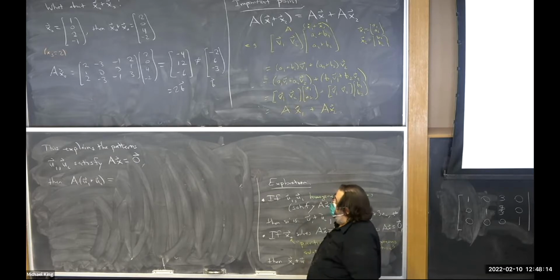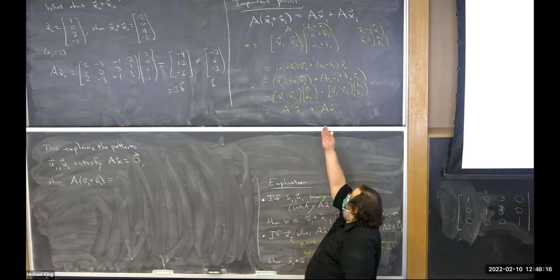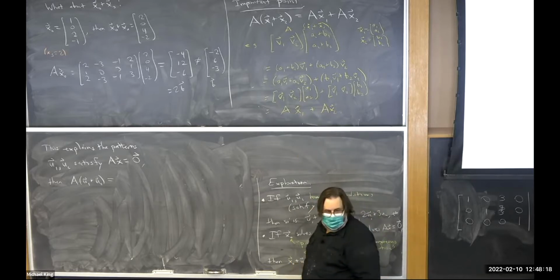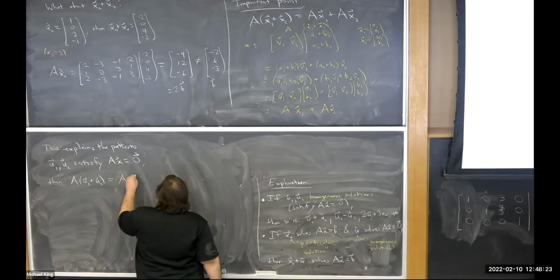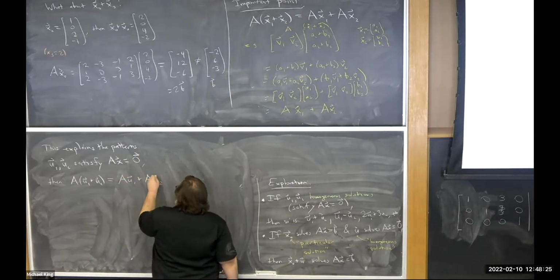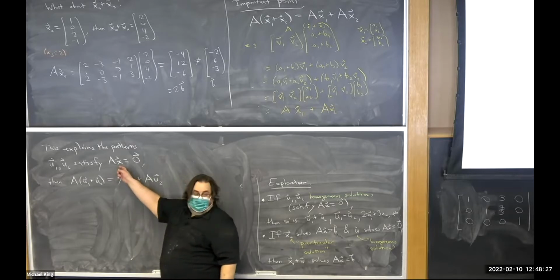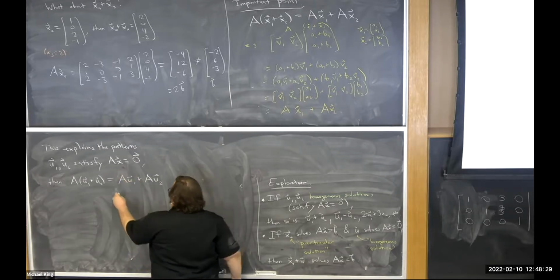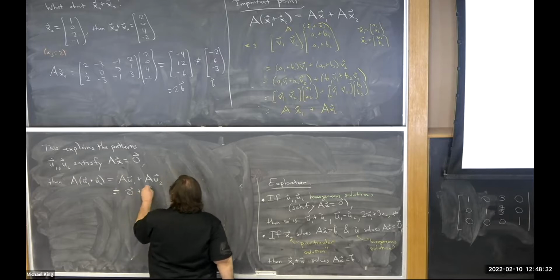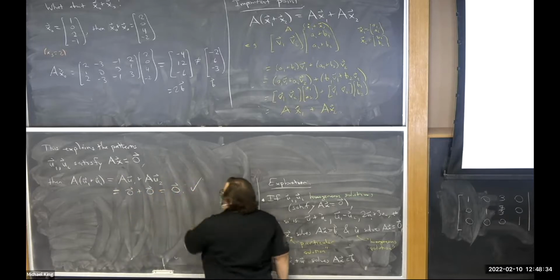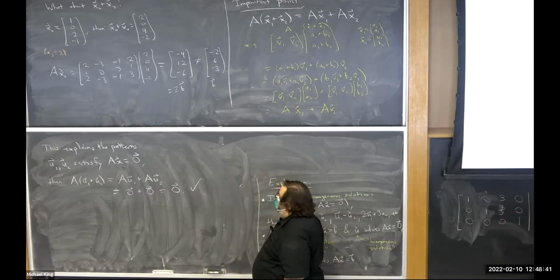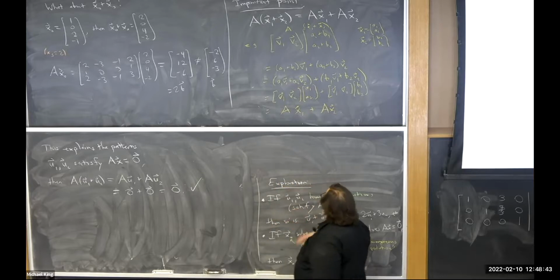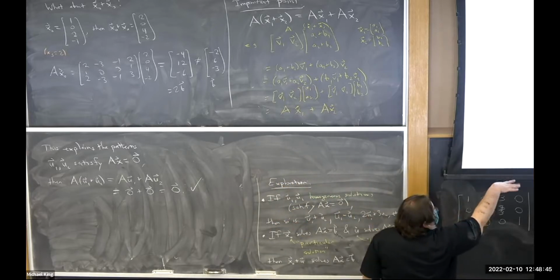Well, what does it equal just based on what we said up there? It's just AU1 plus AU2. And what does AU1 equal? 0, because it satisfies this. So that's 0 plus 0, which is 0. So that's why when you add two homogeneous solutions, you get another homogeneous solution. And it works out for all linear combinations.